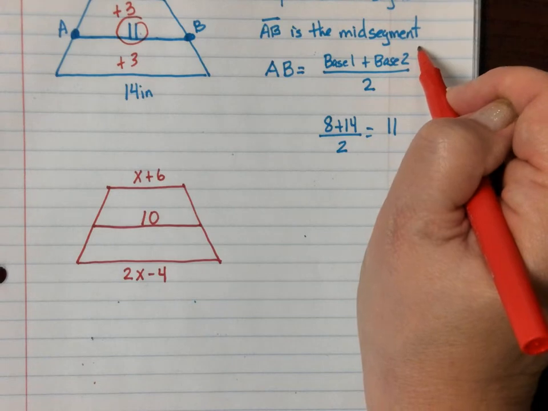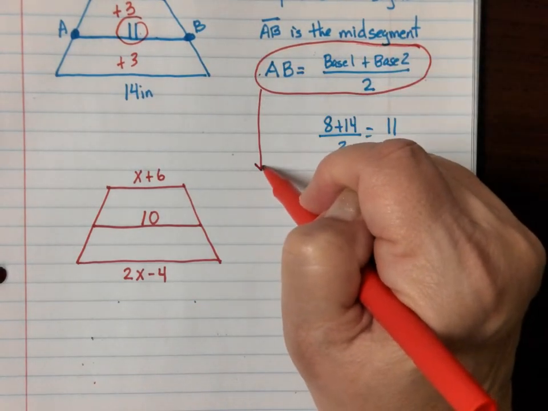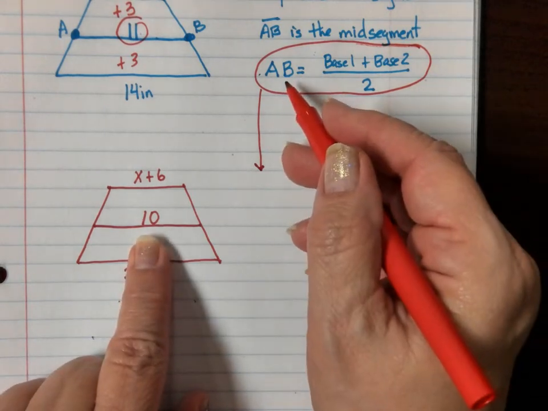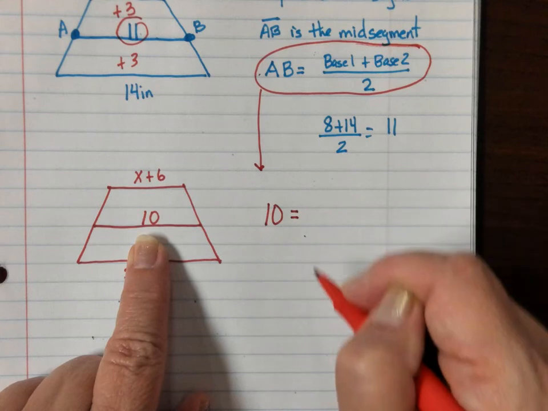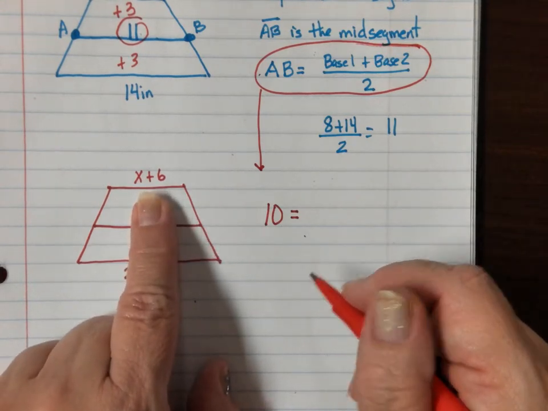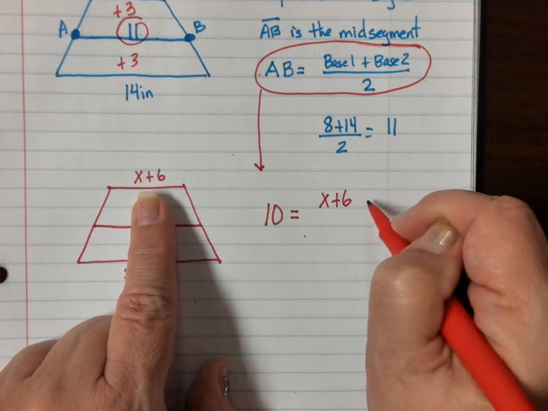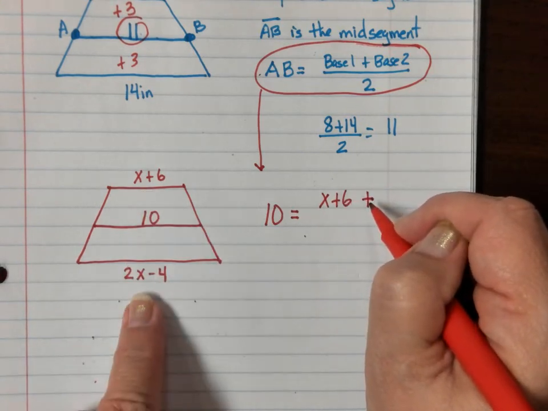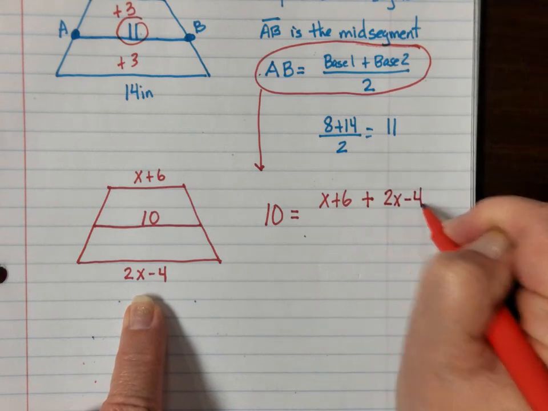Alright, so I'm using this formula right here. I'm going to plug everything in. So AB is 10, and that equals base 1, which is x plus 6, added with base 2, 2x minus 4.